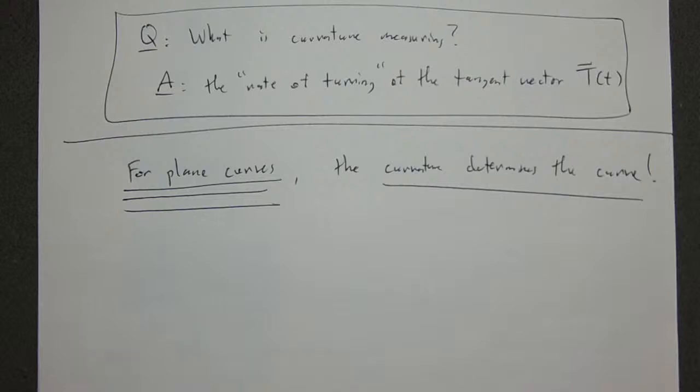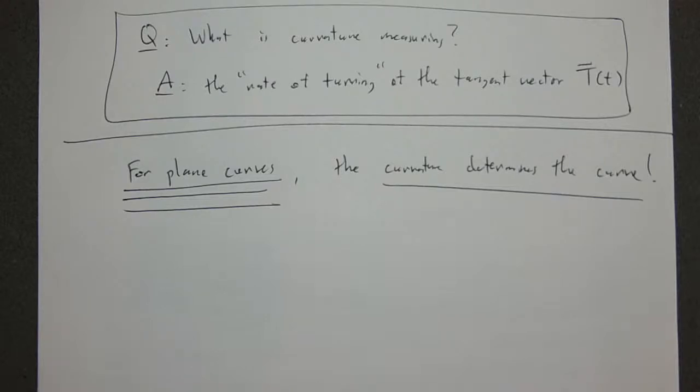Now, for instance, we just saw that a circle of radius r has curvature 1 over r. You might say, well, what about some other curve that I find that has curvature, say, 1/2? Say I find a curve in the plane.